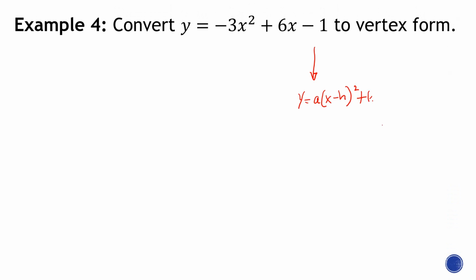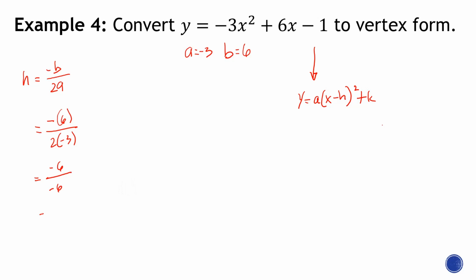Okay. So in the vertex formula, we just need to find a and b first. Our a here is negative 3. Our b is 6. So for h, the formula of that is negative b over 2a, right? So negative 6 over 2 times negative 3. This is equal to negative 6 over negative 6, which is equal to 1. That's our h.